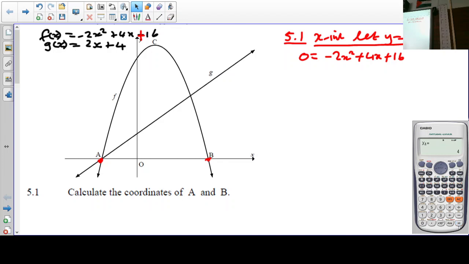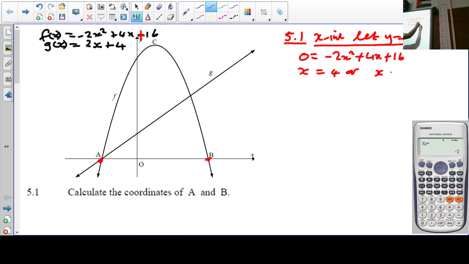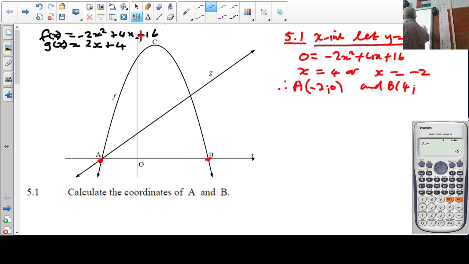Going to be x is equal to 4 or negative 2. But have you answered the question? No. They want the coordinates of A and B. So therefore, A will be negative 2 and 0, and B 4 and 0. You all okay with that?